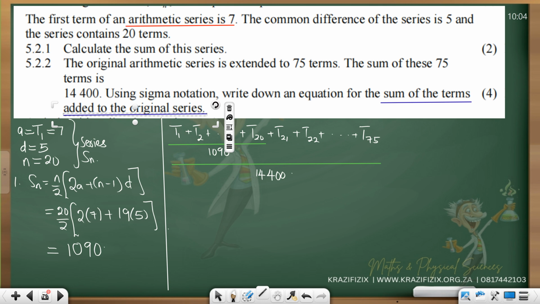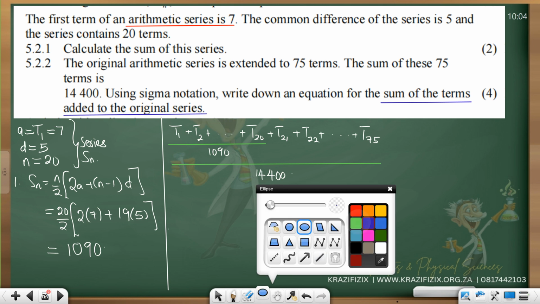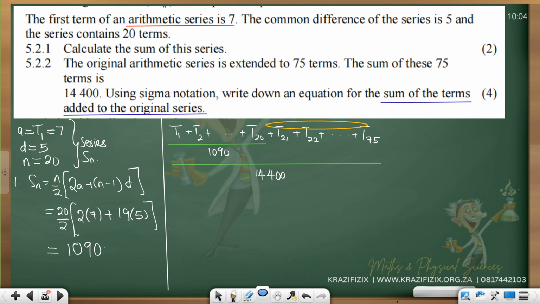Okay, so we want, don't rush. Read carefully. We want sigma notation for that. But I think that is not difficult. Already I can get a value for that. Do you understand that? By saying T21 plus T22 up to T75 will be the sum.